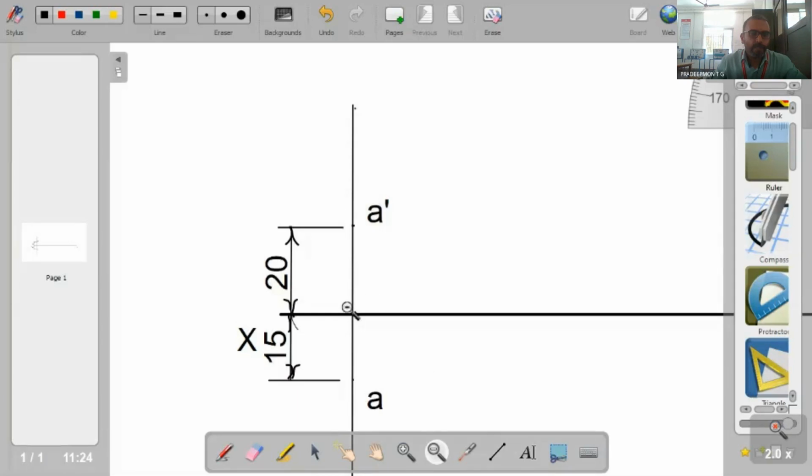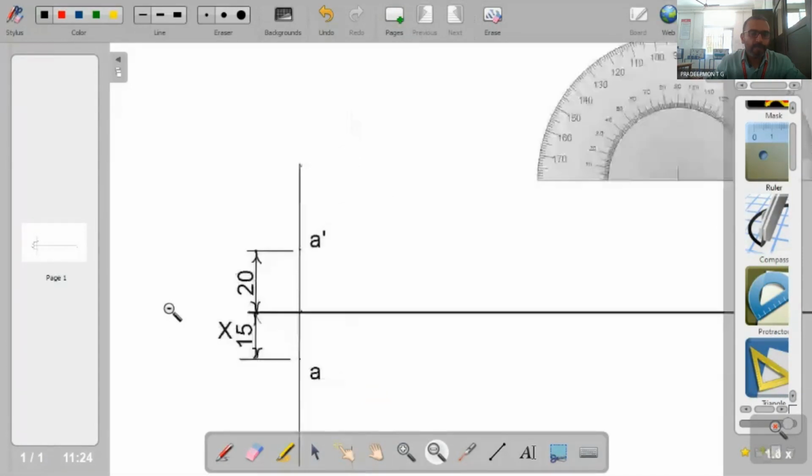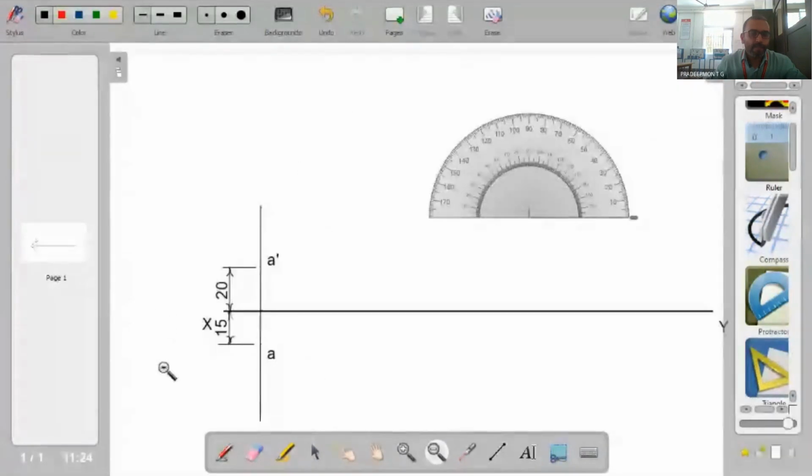Now you can complete the drawing, and the rest of the drawings, I hope you are able to complete it now, because the concept is clear to you. You know how to draw it. When the point is above the HP, the front view is above the XY line.